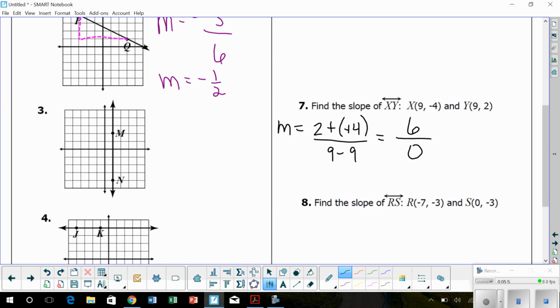Bad, very bad. This right there is very bad. Because of that 0 under the bottom, it's undefined.